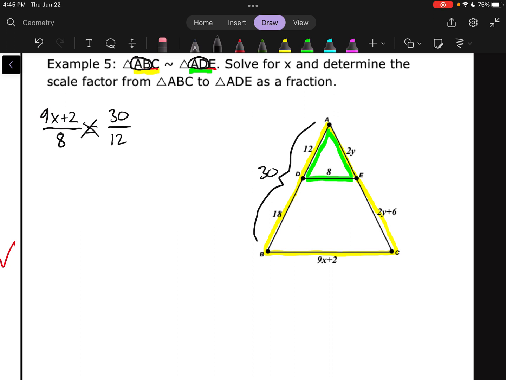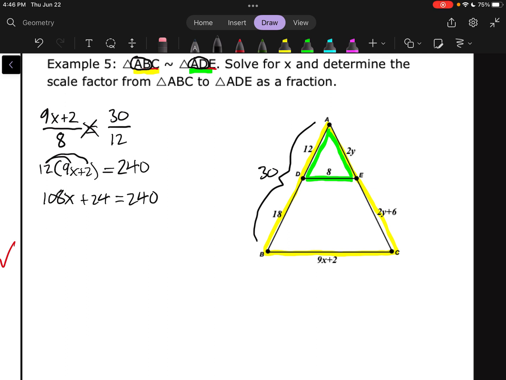So 12 times 9x plus 2 is equal to 30 times 8, which is 240. 12 times 9x, when I distribute, is 108x. 12 times 2 is 24. It's equal to 240.